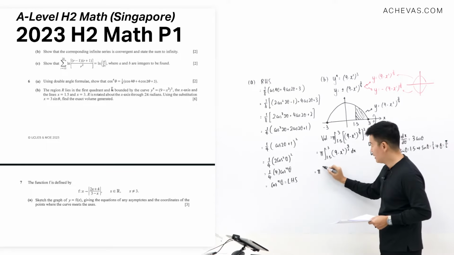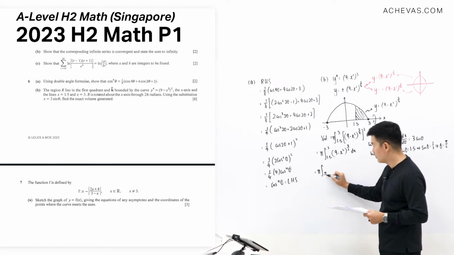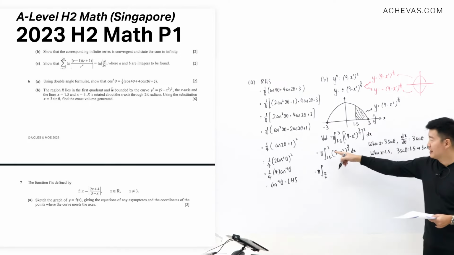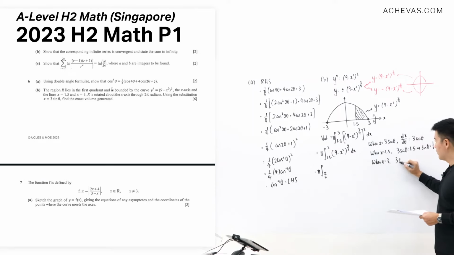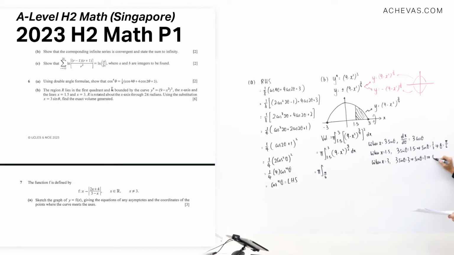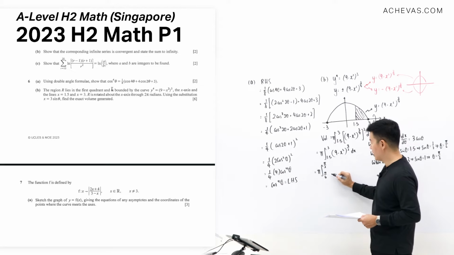So this will be pi, and 1.5 is now going to be replaced by pi over 6. I'm going to replace x is equal to 3. So when x is equal to 3, 3 sine theta is equal to 3. This tells us that sine theta is going to be equal to 1. This is easy. So theta is going to be equal to pi over 2. So this 3 will be replaced by pi over 2.